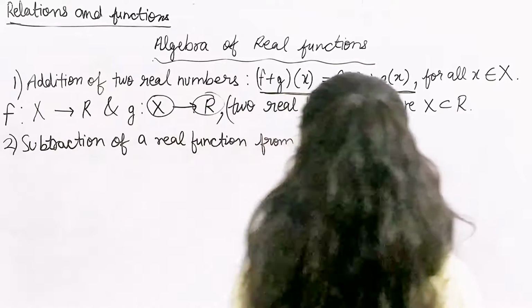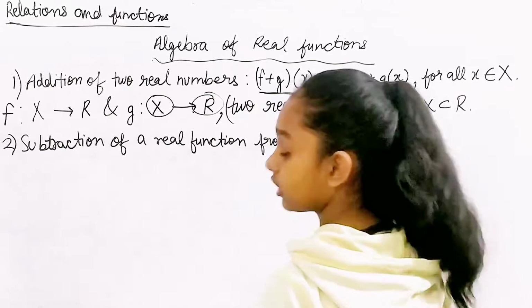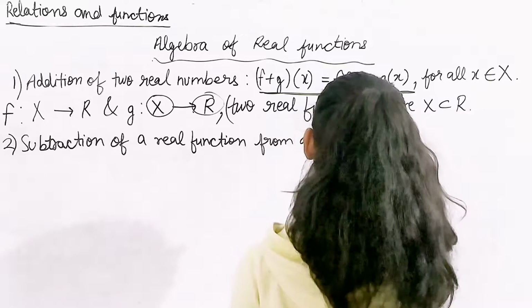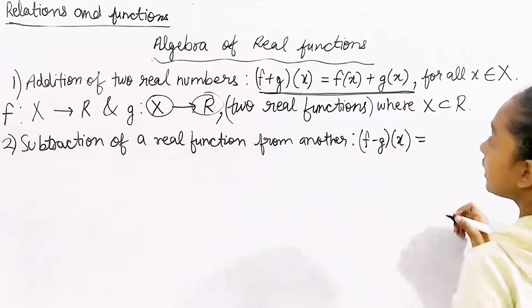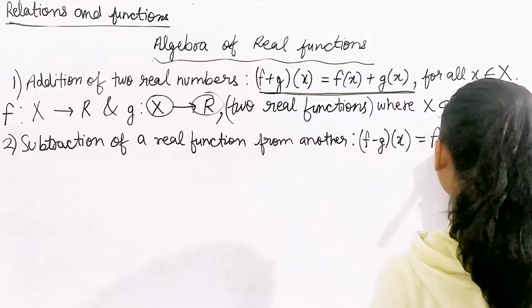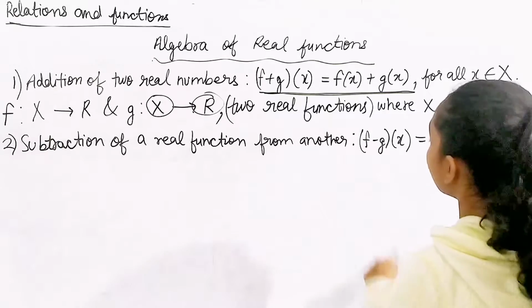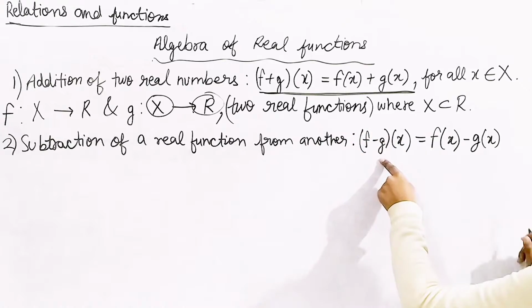So f minus g of x is equal to f of x minus g of x. So f minus g is the subtraction of these two real functions.